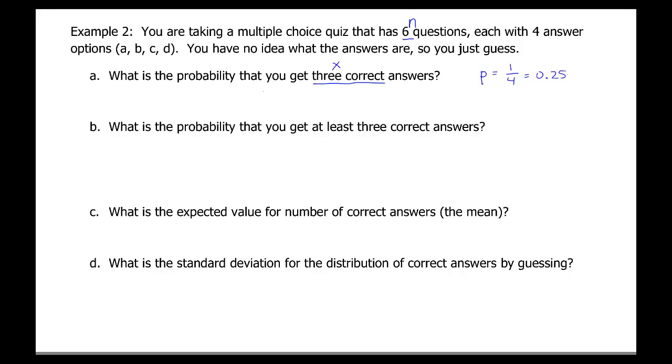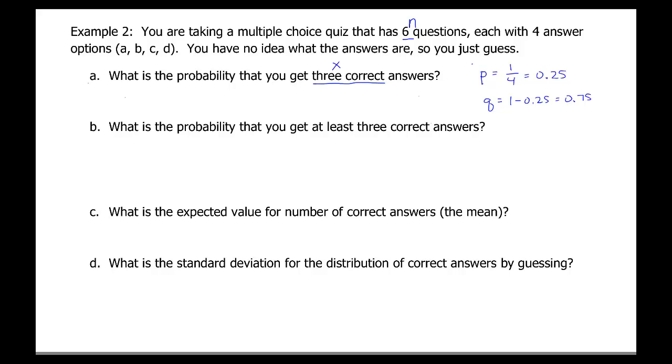Alright, if you were using the binomial distribution formula with the factorial symbols, we would need q, which would be 1 minus p, which gives you 0.75 or a 75% chance of getting the answer wrong. Okay.